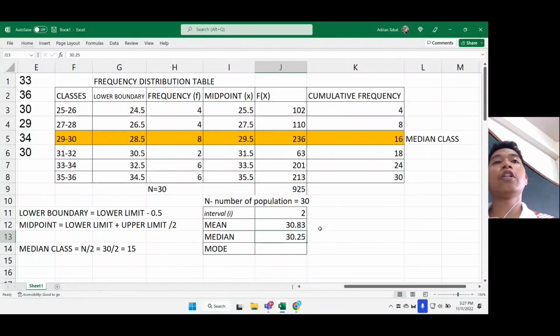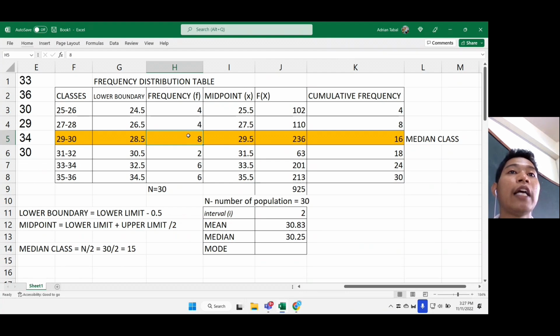Last one is the mode. For the mode, we are going to find the modal class. Meaning, which class has the most repeated values. To find the modal class, we look at the frequency. Whichever is the biggest is the modal class.